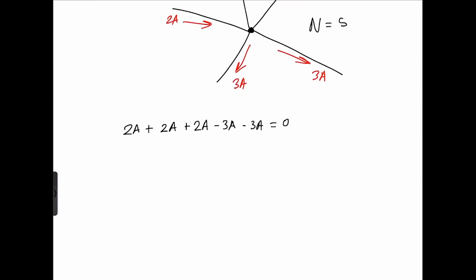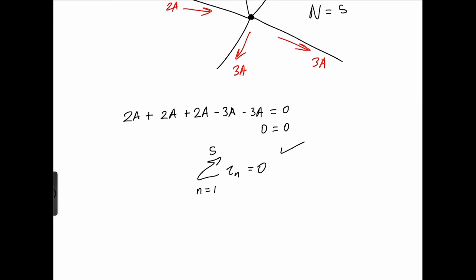And we can see that 2 plus 2 plus 2 equals 6, and 6 minus 6 is equal to 0. So the algebraic sum should equal 0. If you write that again, we see that N counting 5, the sum of I of N is equal to 0, which checks.